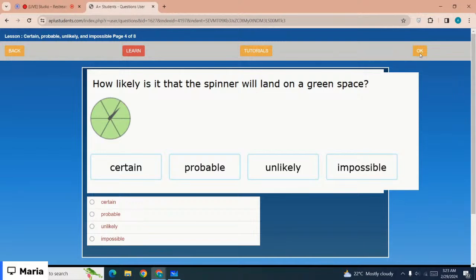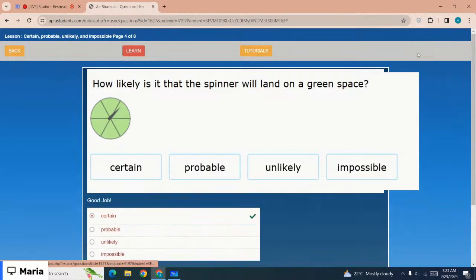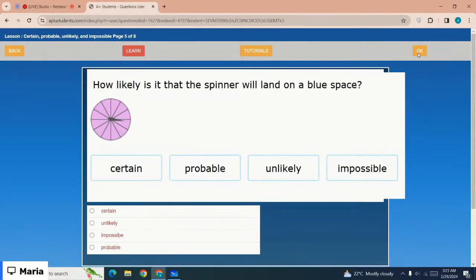So it will certainly land on green, right? The correct option is certain. Because all the portions are green, so whenever you spin the spinner, it will certainly land on green, right?